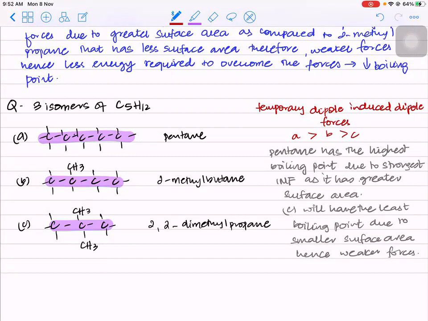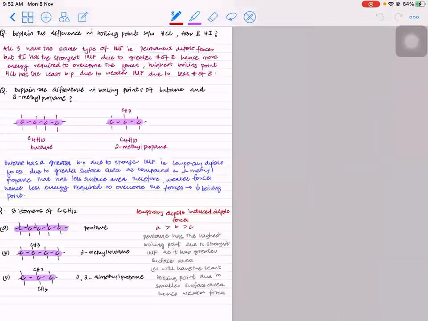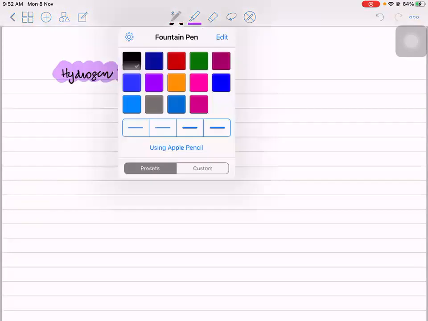All right, now we move on to hydrogen bonding. So let's see the third type of intermolecular force, which is hydrogen bonding. Hydrogen bonding is the strongest intermolecular force. Hydrogen bonding is a special type of permanent dipole force.